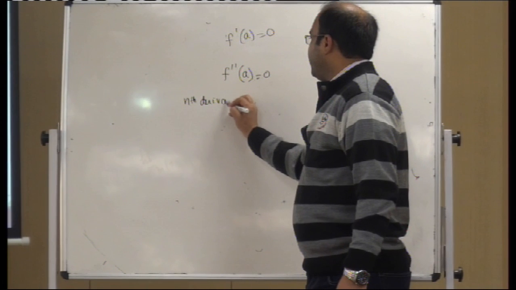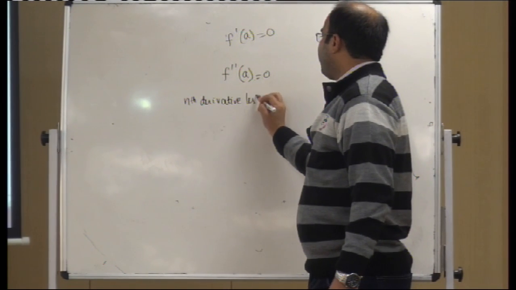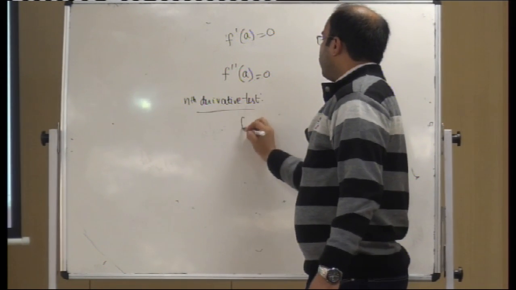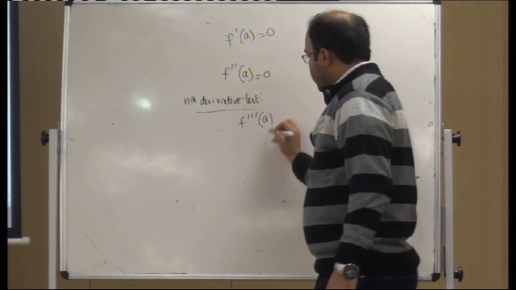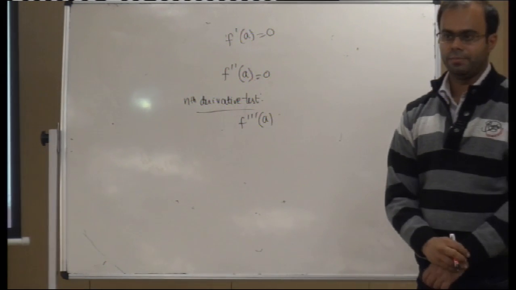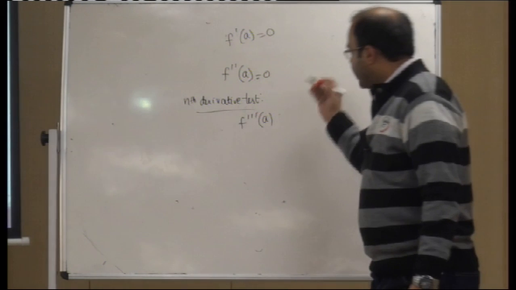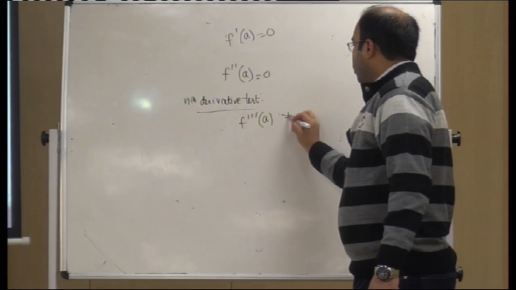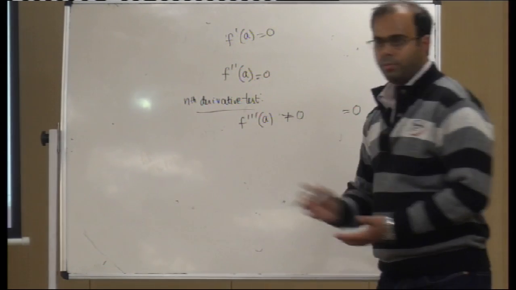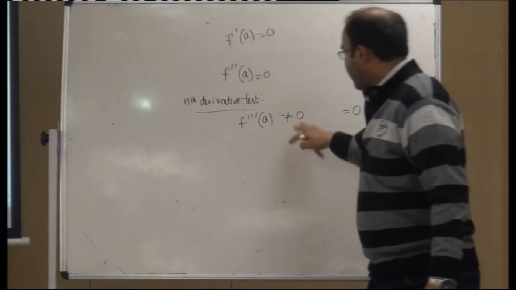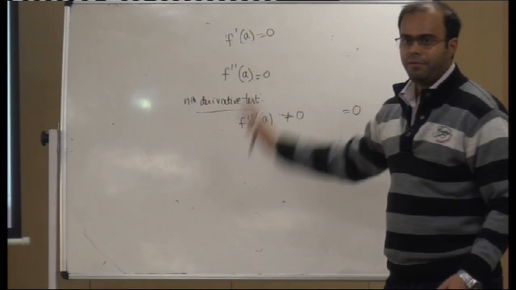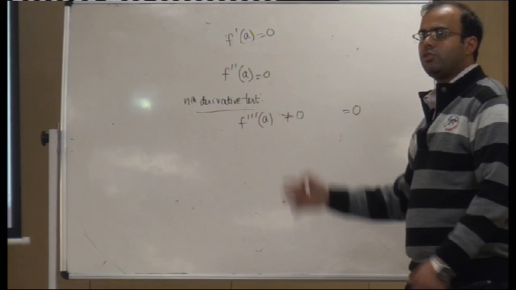In the nth derivative test, we differentiate the function again and we calculate the value of the triple derivative at a for that function. Now that value could be non-zero or zero. There could be two cases. What will happen if it is equal to 0, and what will happen if it is not equal to 0? Let's take when it is not equal to 0.